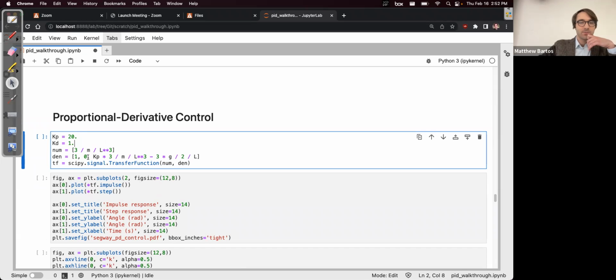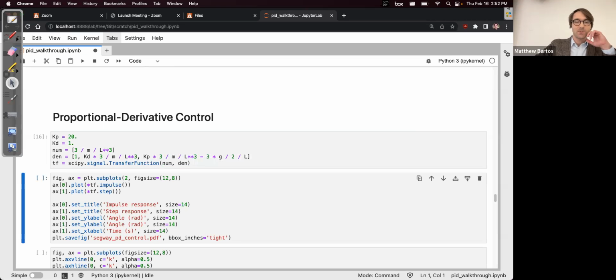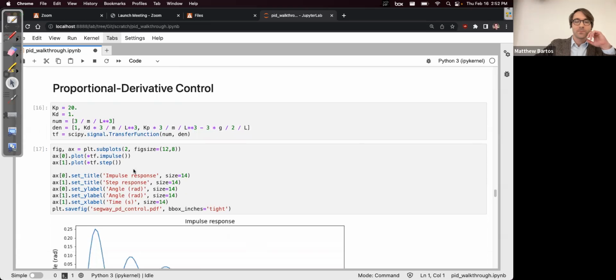For our transfer function, we now need to add in the term for the s piece. What was our expression again? Kd times 3 divided by m L cubed. So this will be Kd times 3 divided by m divided by L cubed.